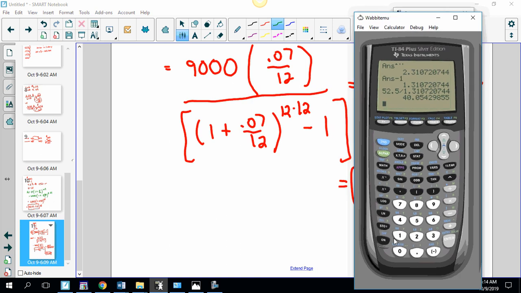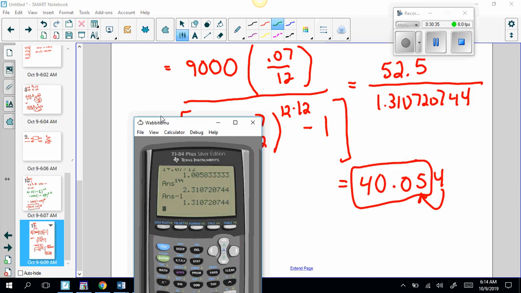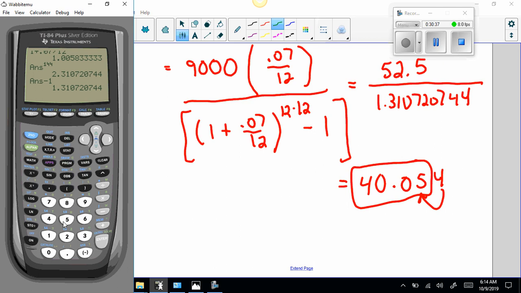Let me double check, 1 plus 0.07 divided by 12, raised to the 144 minus 1. No, I don't see the problem there. 9,000. Oh, 90. Ouch. See how that happens?